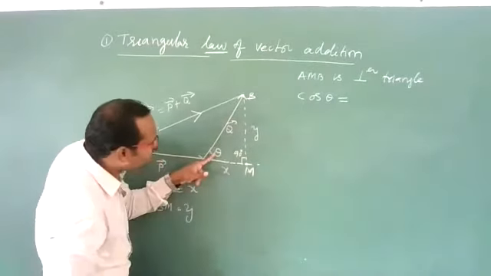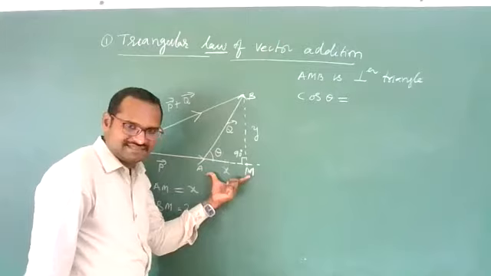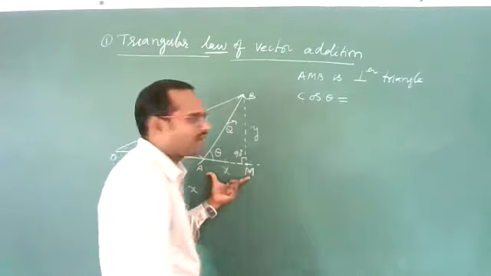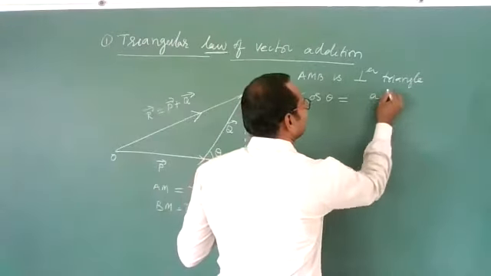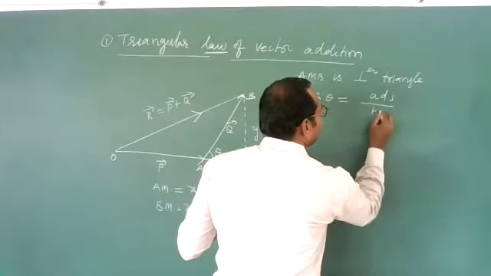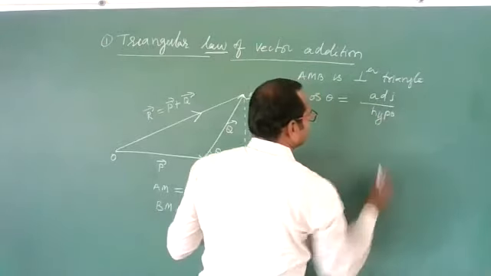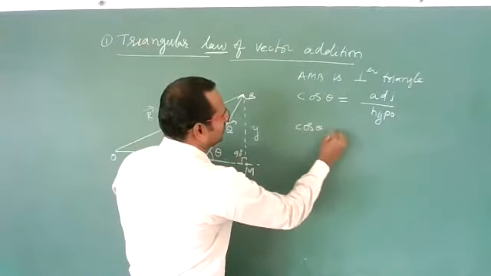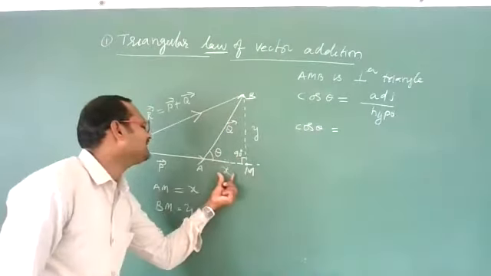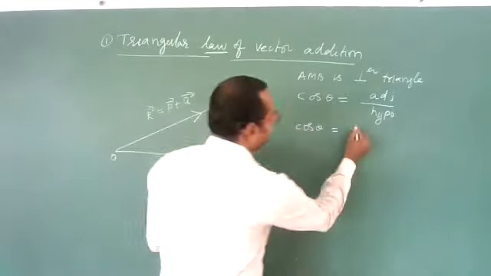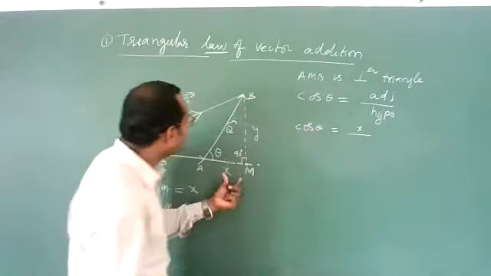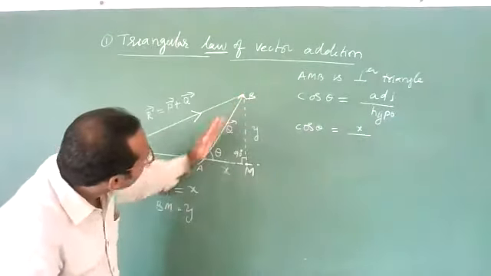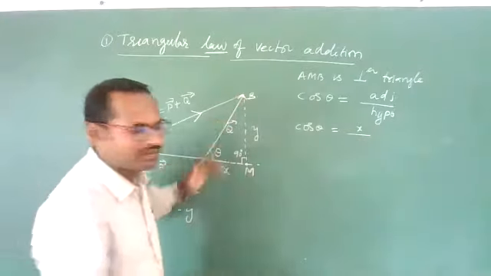For this theta, the adjacent side is this. Cos theta is equal to the adjacent side value, which is x, upon the hypotenuse value, which is Q.